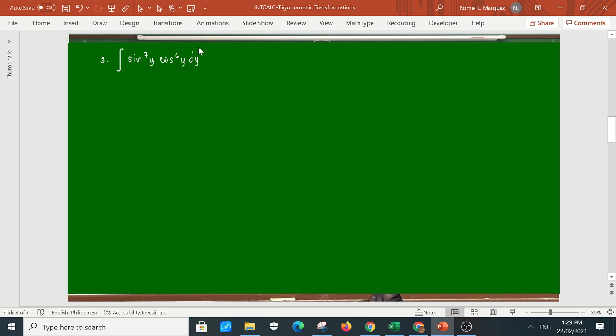Can you choose any? Actually, you can choose any, but choose the smaller one. Because if you choose the bigger one or the larger exponent, it is difficult to expand later. You will regret it if you don't take my suggestion.